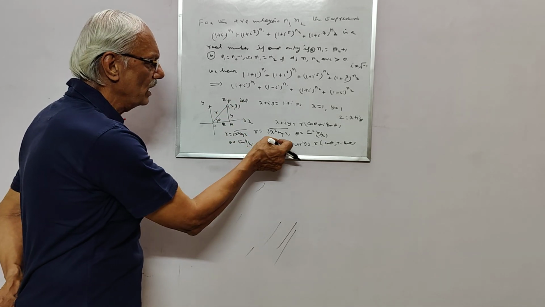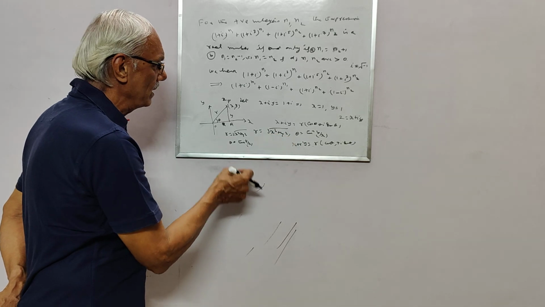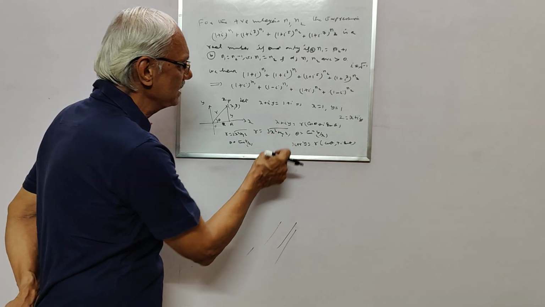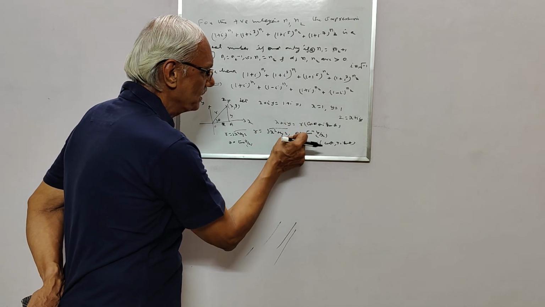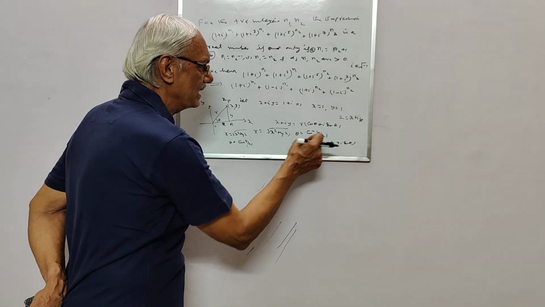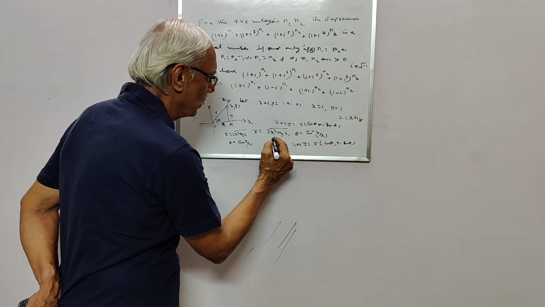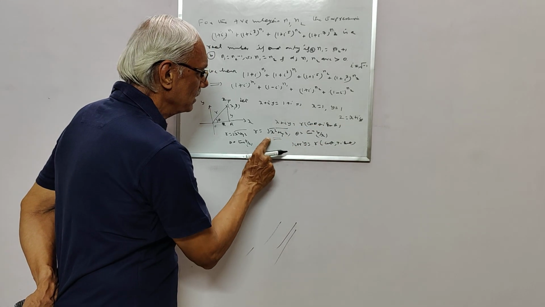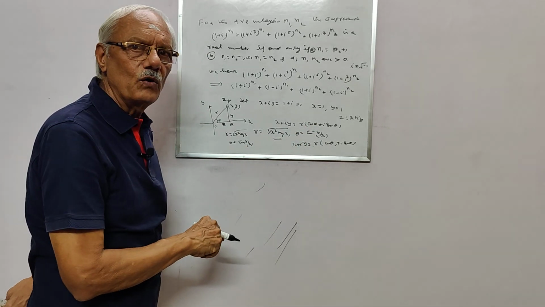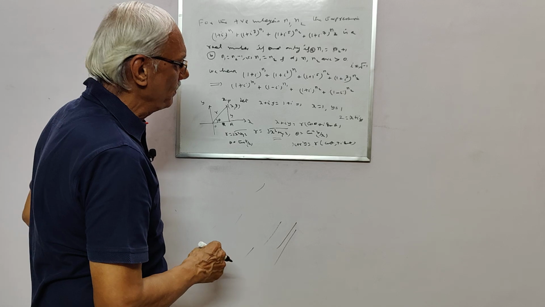So r is equal to the square root of x squared plus y squared, and theta is equal to tan inverse of y by x. So you can express x plus iy as r into cos theta plus i sin theta, where r is the square root of x squared plus y squared, and theta is tan inverse of y by x.